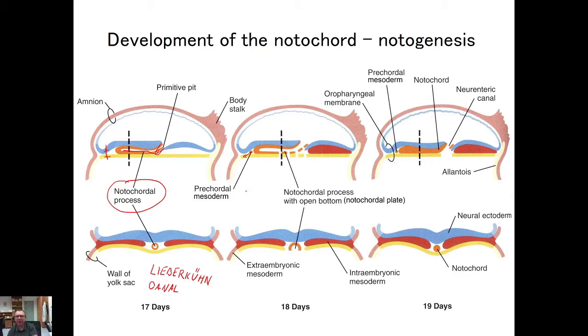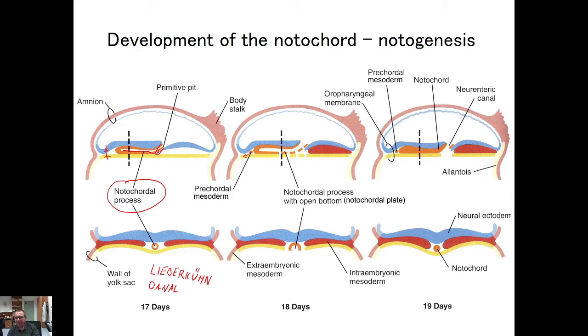So the prechordal plate is very important, but not many things are known about its origin. Every textbook says something else, but probably they originate in the tissue of the primitive node.